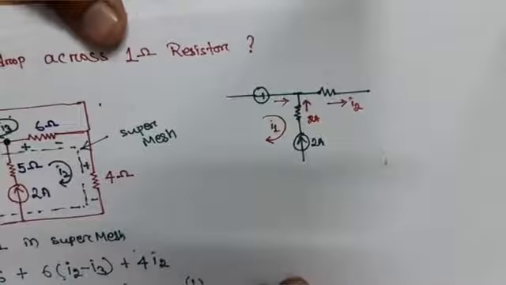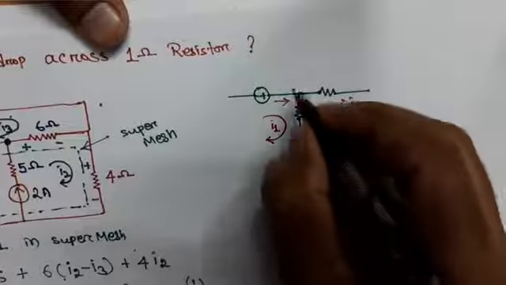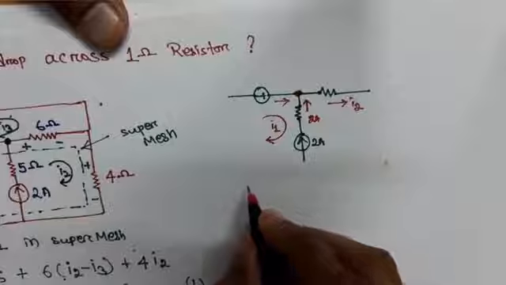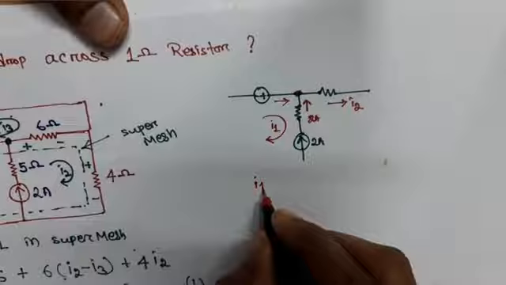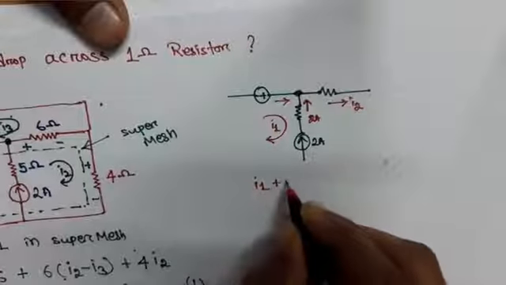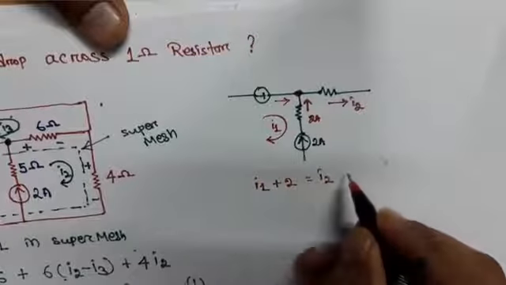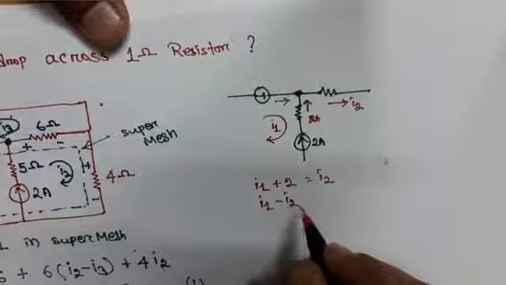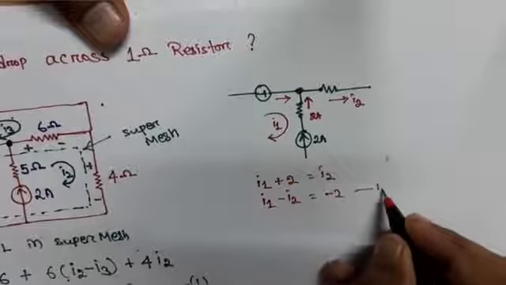So the current equation is I1 plus 2, because they are entering and I2 is leaving. So I1 minus I2 equals minus 2. This is our second equation.